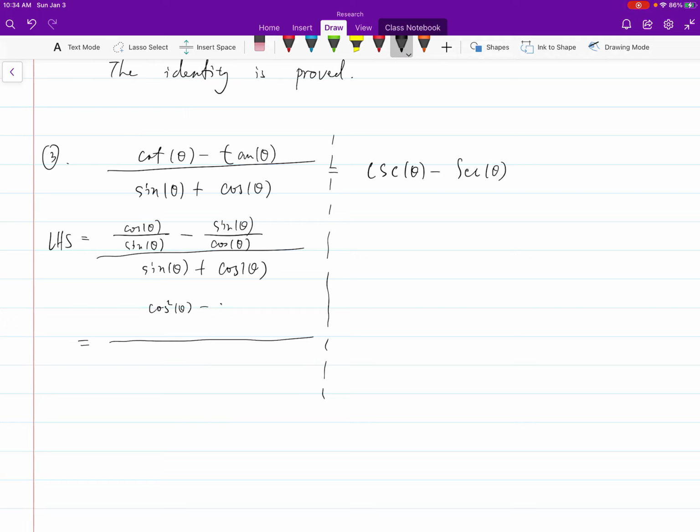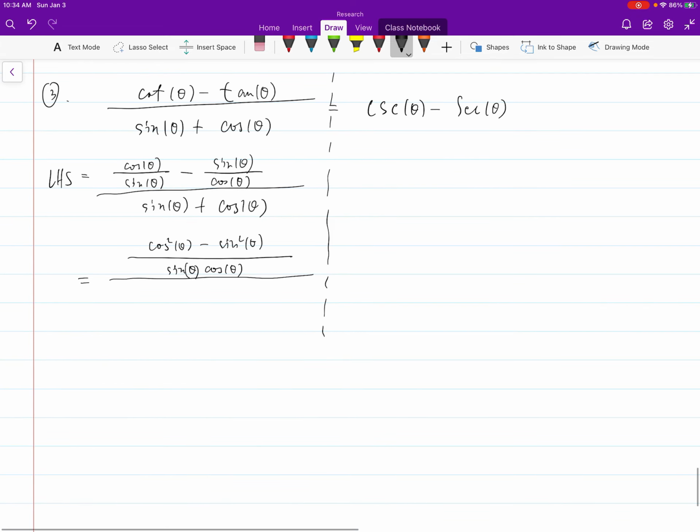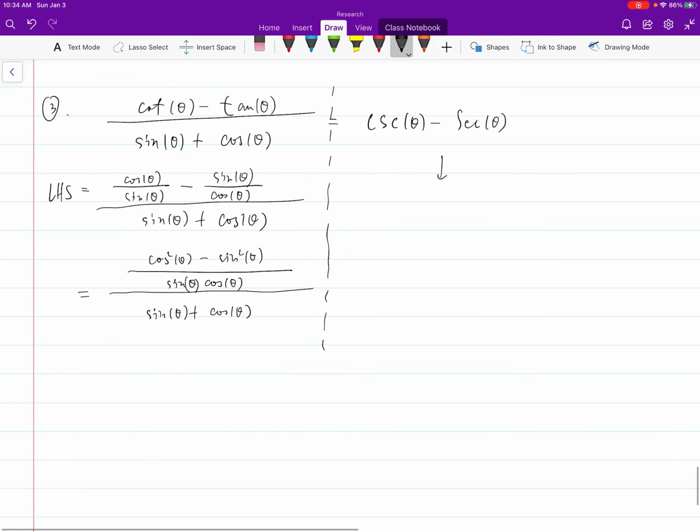Okay, I know it's long. Be patient. Cosine squared theta minus sine squared theta, over sine theta cosine theta, divided by sine theta plus cosine theta. By the way, you can start working on this also.